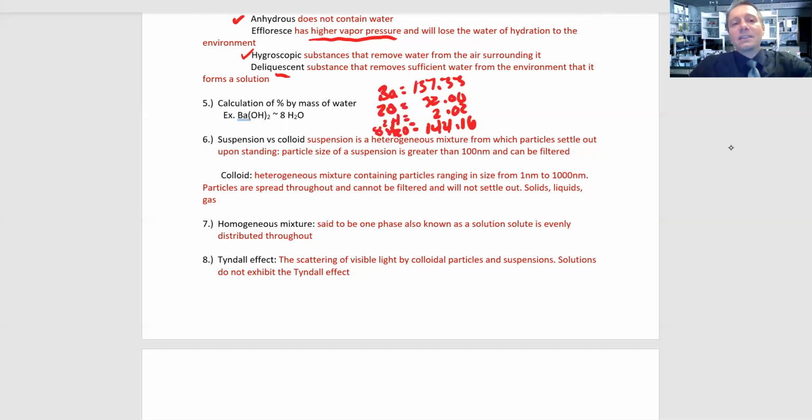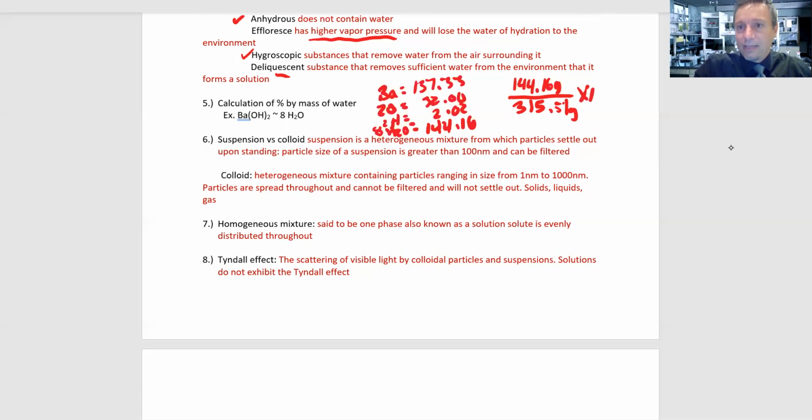So if we want to get the percent of mass of the water in this hydrate, we go the mass of the water, which is 144.16 grams, divided by the total. So we have to add up everything. So we go 137.33 plus 32 plus 2.02 plus 144.16. And that equals 315.51 grams.